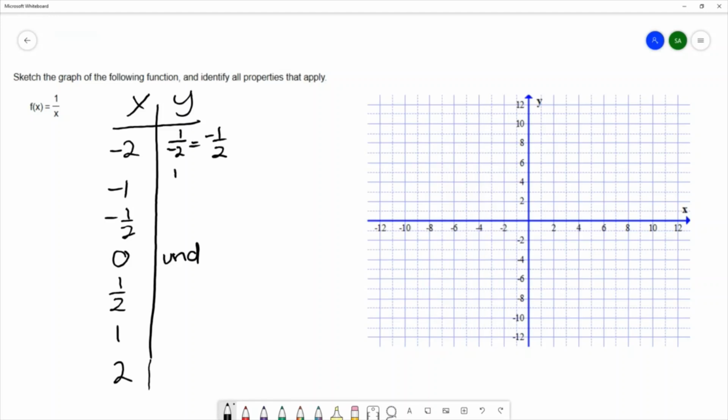I'll continue on with 1 over -1, and that's -1. -1 is the reciprocal of itself. 1 over -1/2. If I take my time simplifying this, I would write this as 1 divided by -1/2. And when we divide fractions, we multiply by the reciprocal, so that's 1 times -2 over 1. So we get -2.